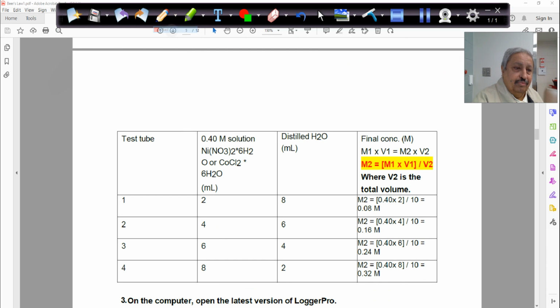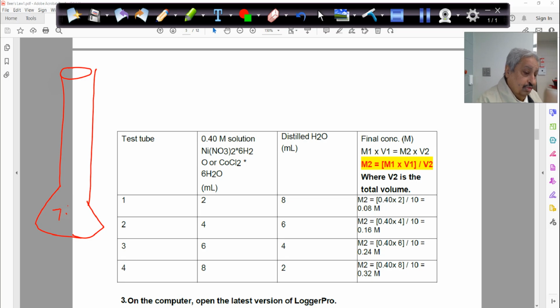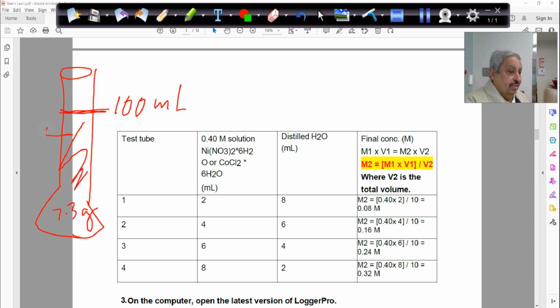Here it is, your volumetric flask, guys, and you dissolved 7 grams of this complex, nickel nitrate hexahydrate, in 100 ml. This is a 100 ml volumetric flask, with H2O, correct? H2O is your solvent.